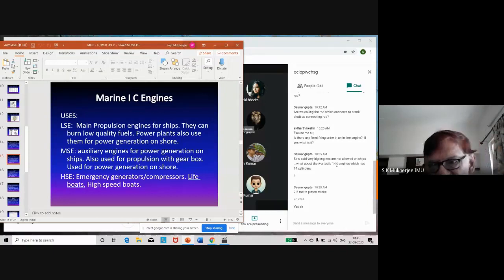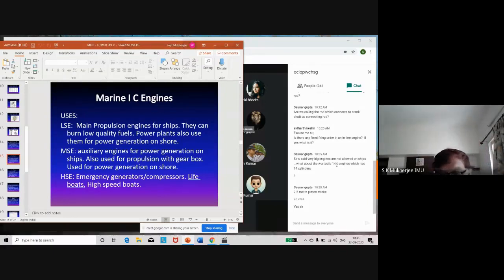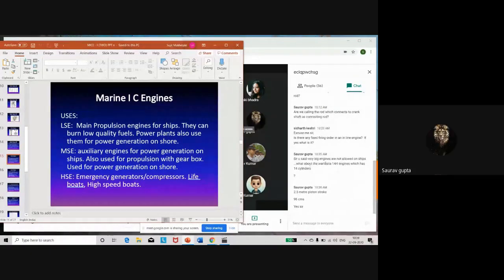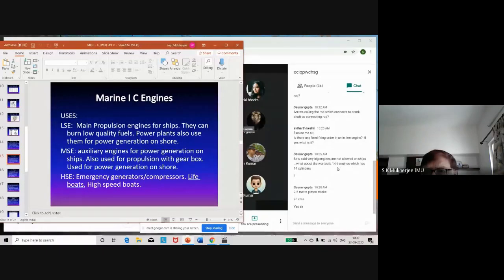Must be a more recent development, and they will require extensive strengthening of the bed plate, extensive strengthening of the hull of the ship where the engine is located. Otherwise, the ship is subject to a lot of hogging and sagging, and that will cause bending of the engine also. So that is why there will be some restriction on Wärtsilä 14RT engines.